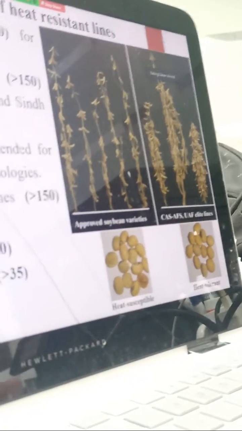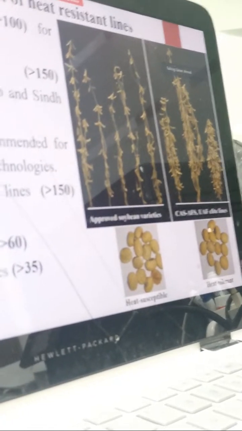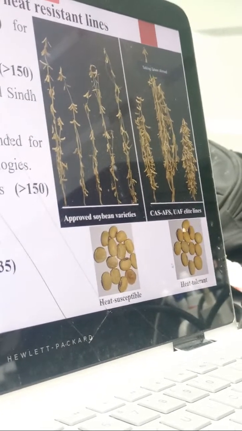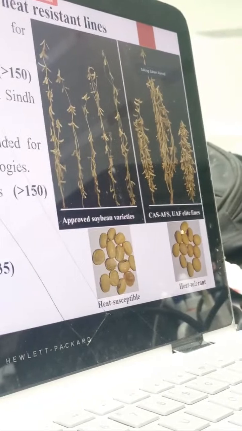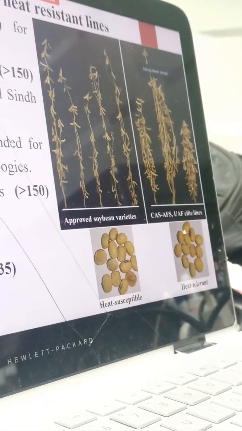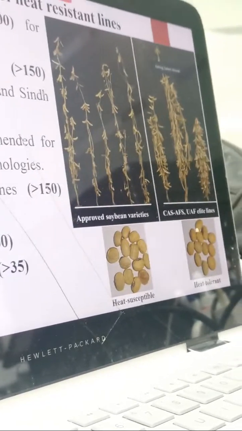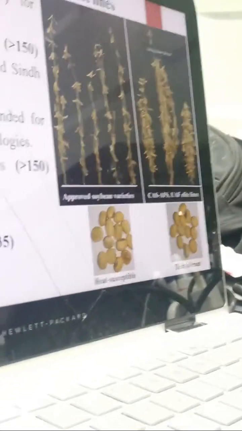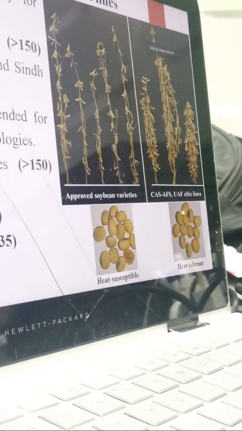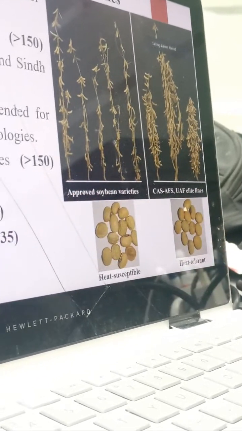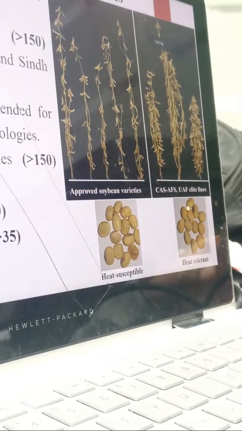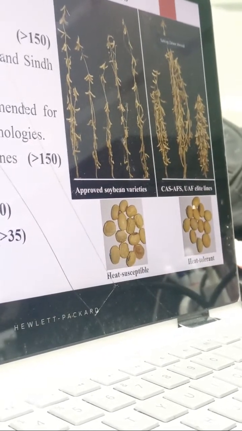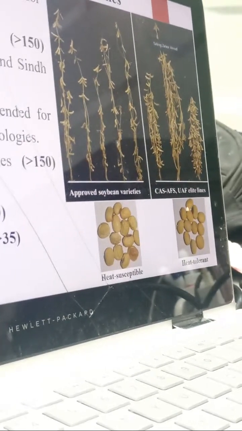And if you see these two pictures down here, where I have presented the seed, the heat susceptible varieties produce shriveled seed, and this seed does not germinate in the next generation. This seed has poor quality and less industrial utilization.